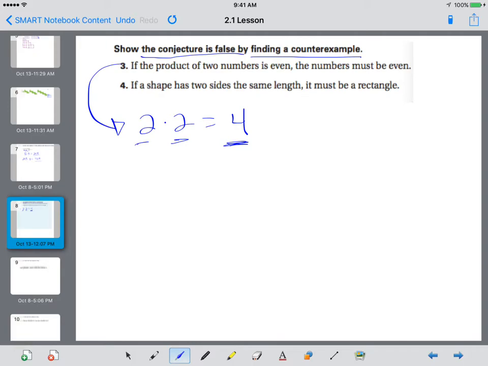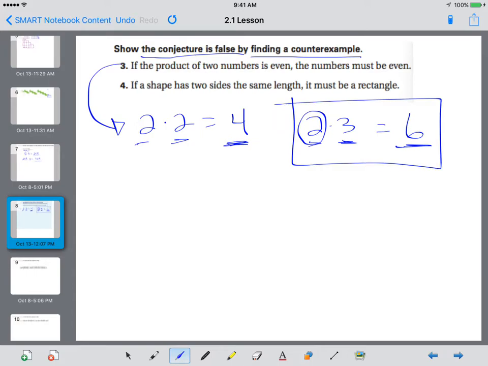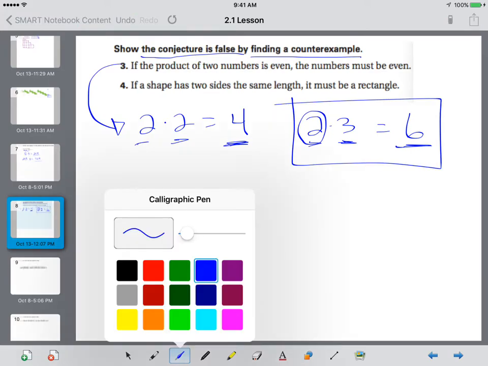Here's my counterexample. Based off 2 times 2, I know that if I did 2 times 3, I get 6, where my product is even, but both the numbers that we use are not. 2 is even, but 3 is odd. Therefore, this would be my counterexample for number 3.